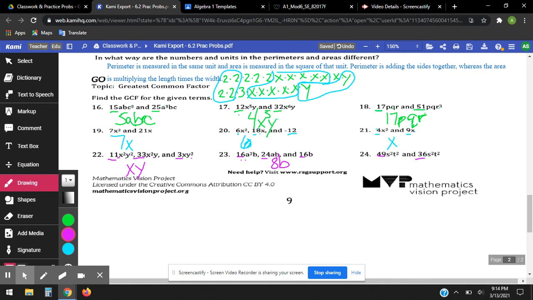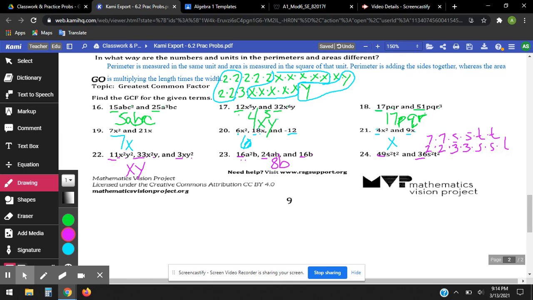And these two, 49 and 36. 49 is 7 and 7. So I'm going to go ahead and write that down here. 7, 7, S, S, T, T. And 36 is 2 times 2 is 4 times 3 is 12 times 3 is 36.